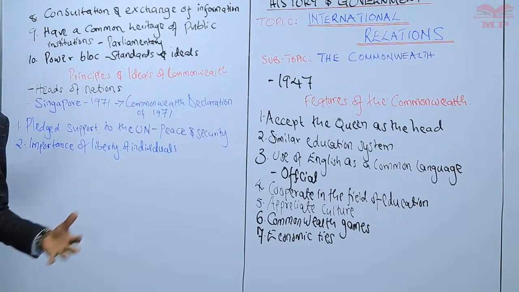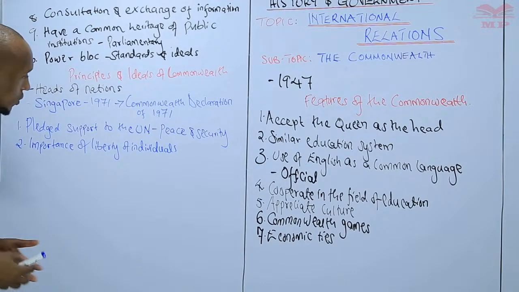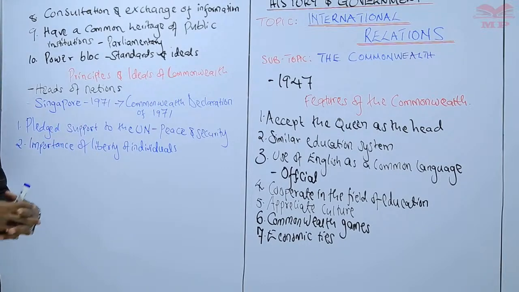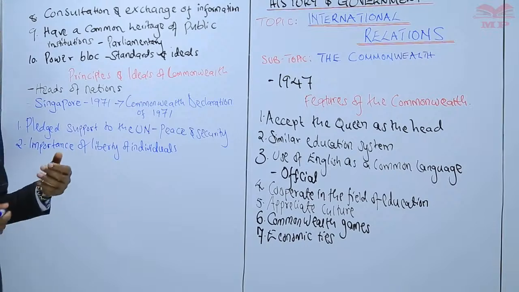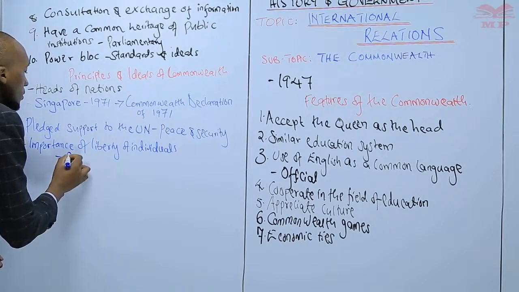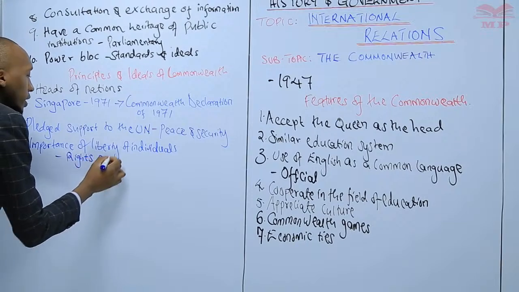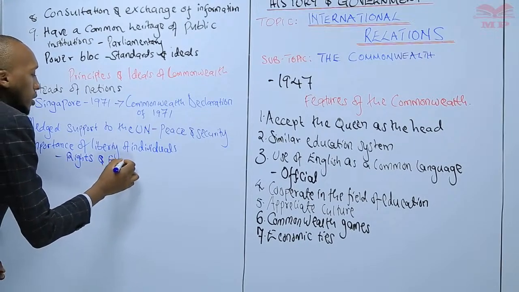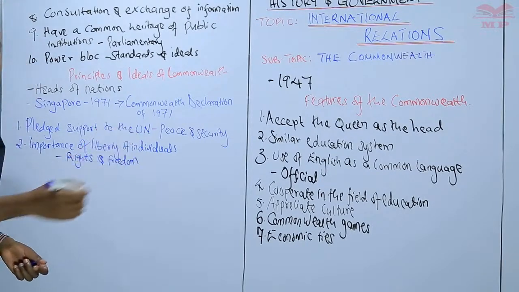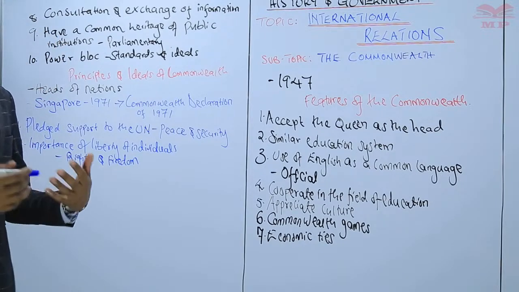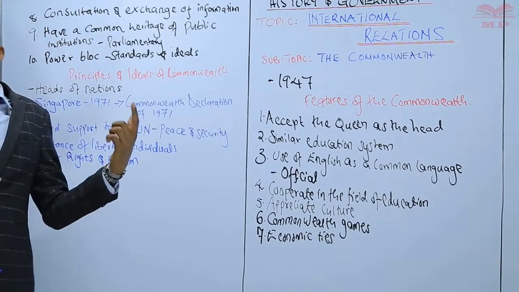They acknowledged that every person, regardless of their race, regardless of their origin or where they come from, has certain rights. They have their own liberties, rights, and freedoms. And these are not limited by someone's race or origin, which was the case before that.